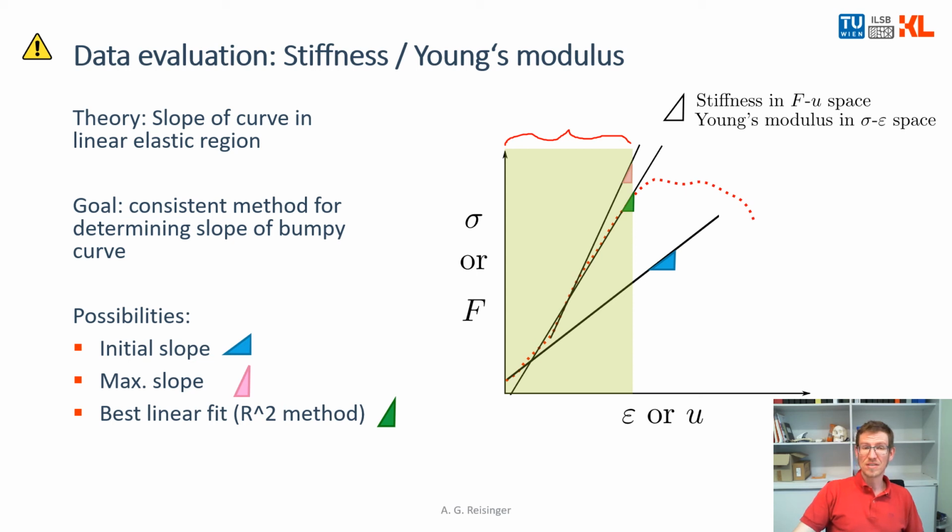It doesn't mean that it is correct or that it is not correct. It's just another, more sophisticated method that is used by our group quite often to have a consistent way for bumpy curves to determine the slope. Other methods are also possible.